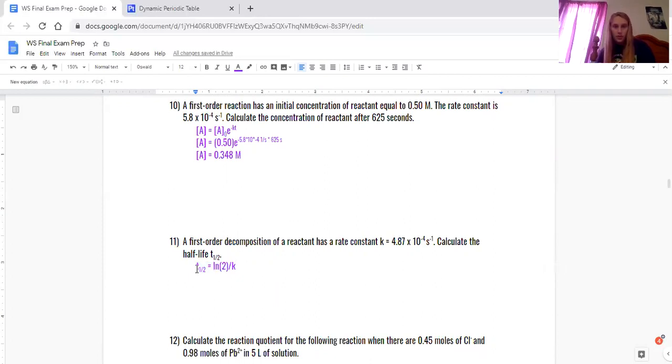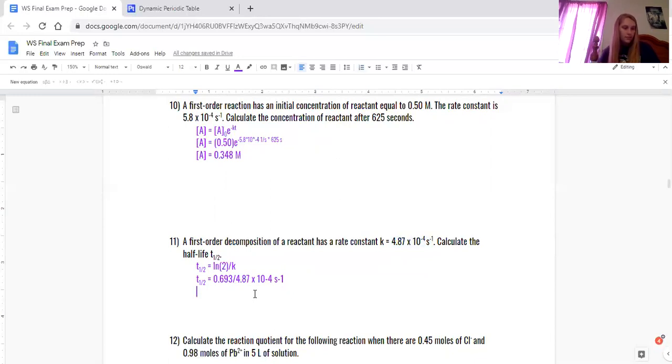And if you remember the natural log of 2 is going to be 0.693, and we use that quite a bit. So you can remember natural log of 2 or 0.693, either one's fine, over K. So this right here. Right?